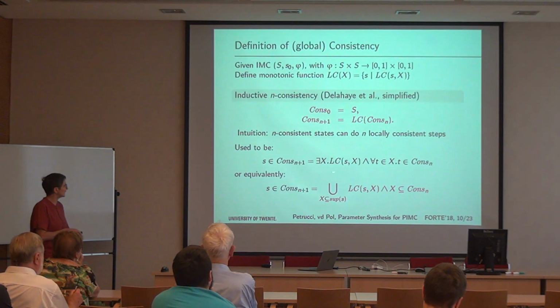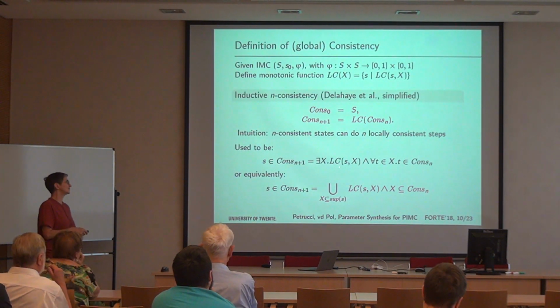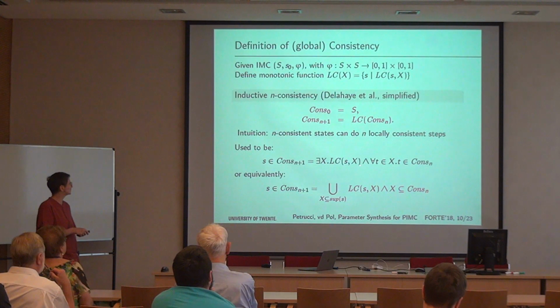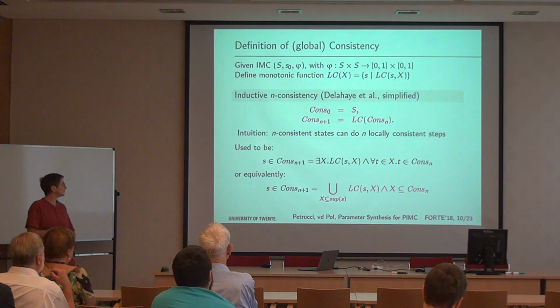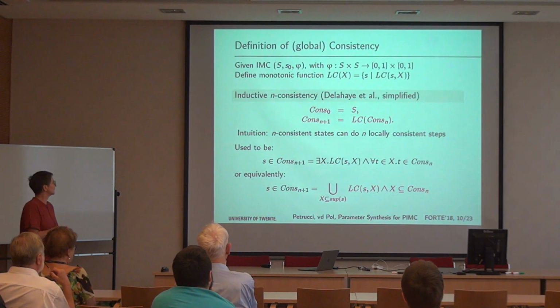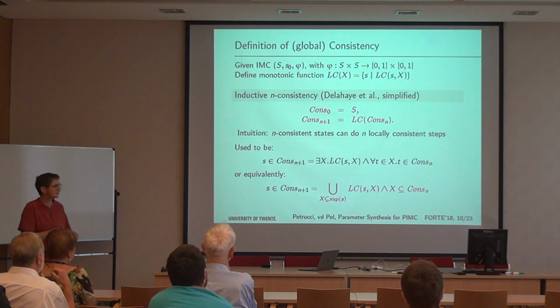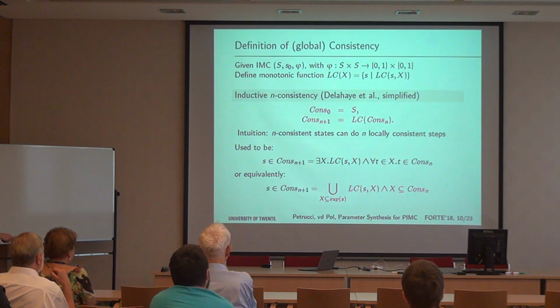There exists a set X such that the local consistency from S to its successors in set X is satisfied, and for all elements in X, the consistency at level n is satisfied. We have rephrased it into this new definition.